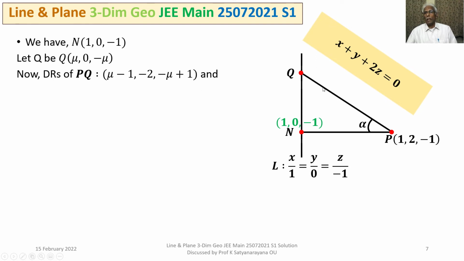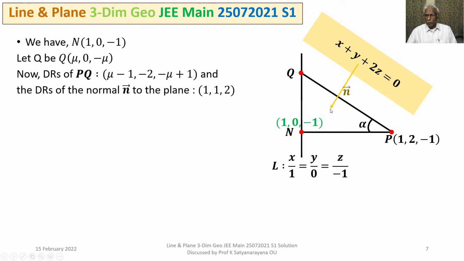Now, the direction ratios of the normal to this plane are 1, 1, 2. So, the direction ratios of the normal n, it's not the unit normal to the plane, are given by 1, 1, 2.